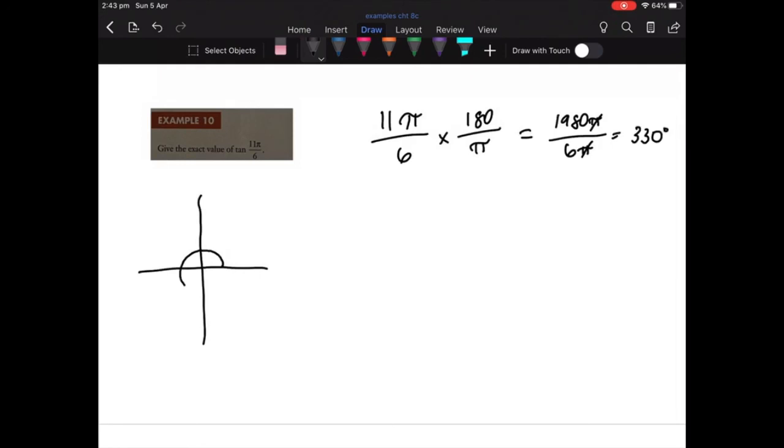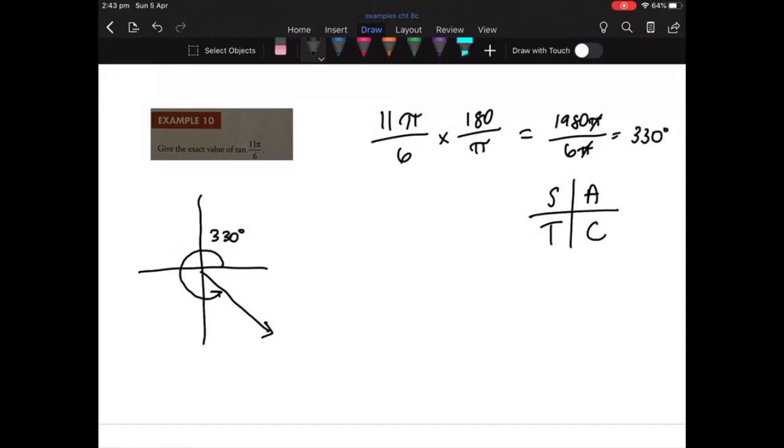So our angle here is 330, which takes me into here. Okay, 330 degrees. Now, again, let me sketch this for you. SATC. Nope, that's wrong. Sorry, I did these bottom two wrong. All right, let me sketch this again for you.